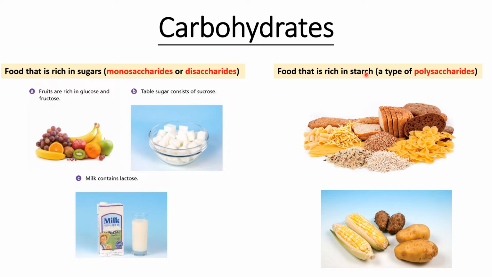And in plants, it's mainly in the form of starch. So therefore, numerous plant foods, including cereal, bread, potato, corn, etc., are plant foods that are rich in starch.